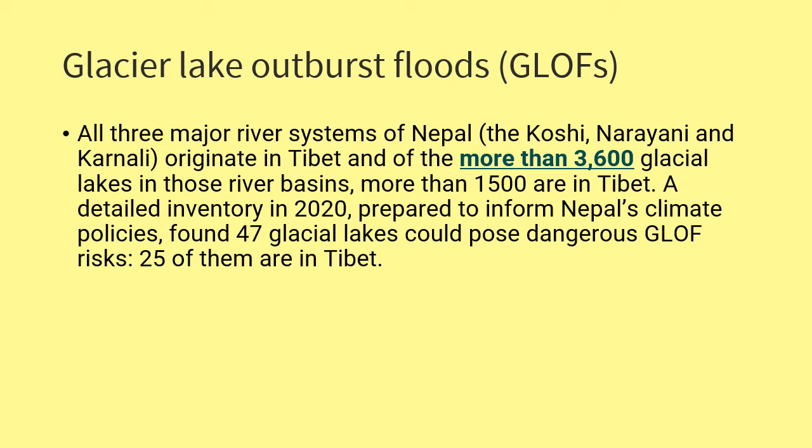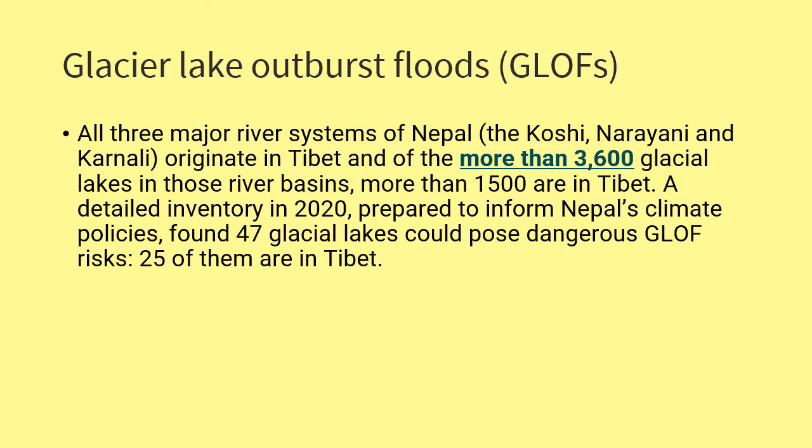Glacial lake flood is also a common environmental hazard in Nepal. Three major river systems in Nepal, the Koshi, Narayani and Karnali, come from the Tibetan plateau, and of more than 3600 glacial lakes in those riverine areas, more than 1500 are in Tibet.